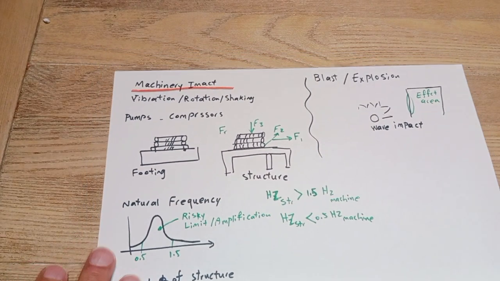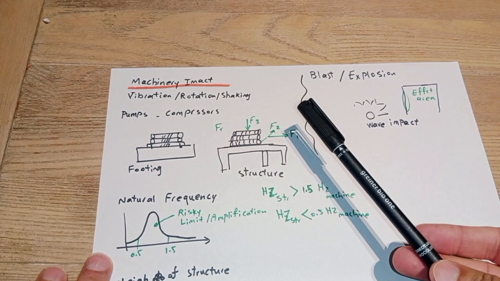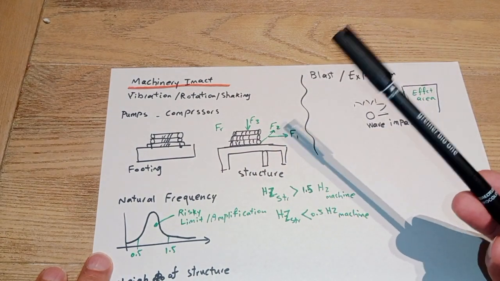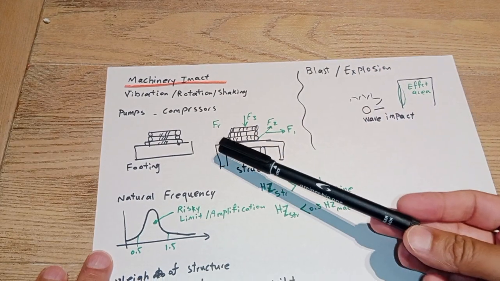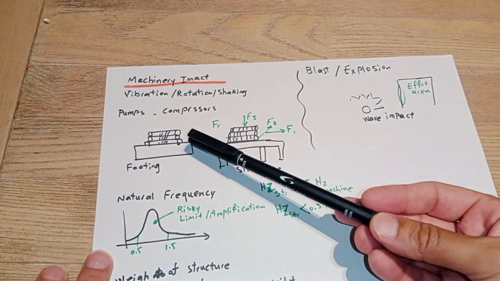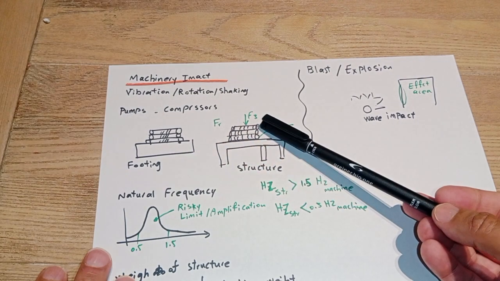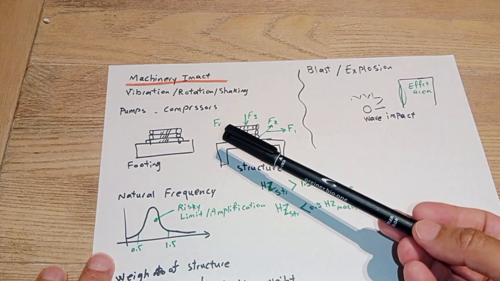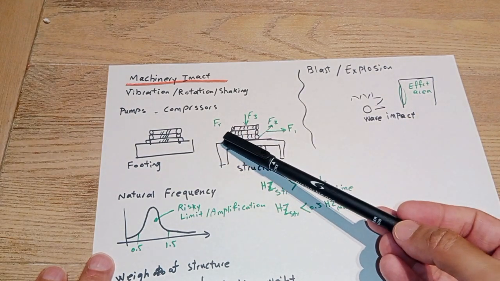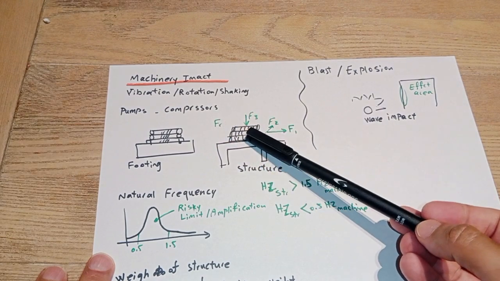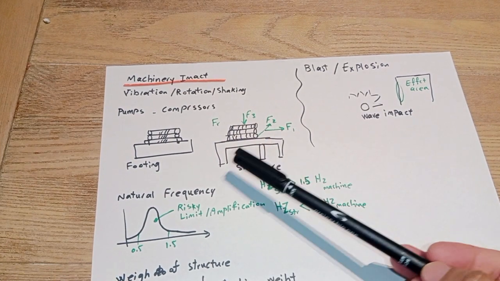The last one is machinery impact. We have vibration, rotation, or shaking effect of the equipment or machines on the structures like pumps, compressors. And in general, we have footing under the machines or structure under the machine. It doesn't matter, we will have the same considerations. We will have in general 3 types of loading: torsion, live gravity load, and horizontal load.